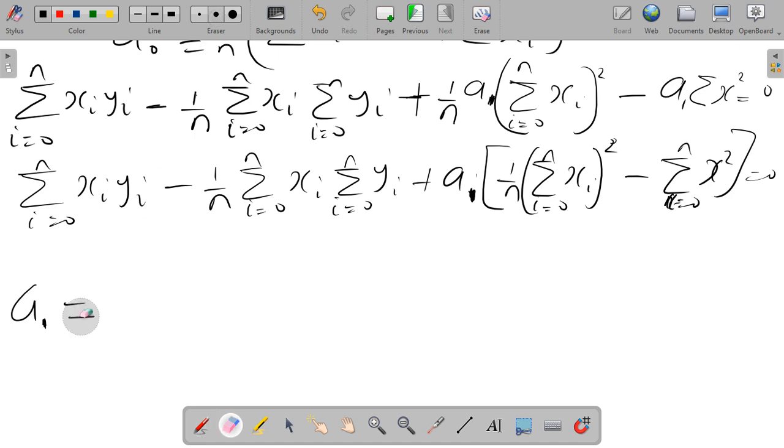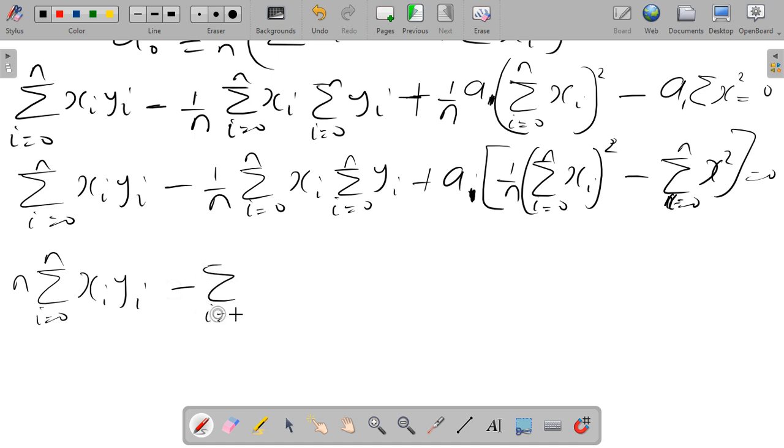So if you multiply this one by n, I'm going to have n, the summation of i starting from 0 to n of your xi yi. Multiply this one by n, this one is gone, so I'm left with minus the summation of i starting from 0 to n of your xi, the summation of yi again as i starts from 0 to n.